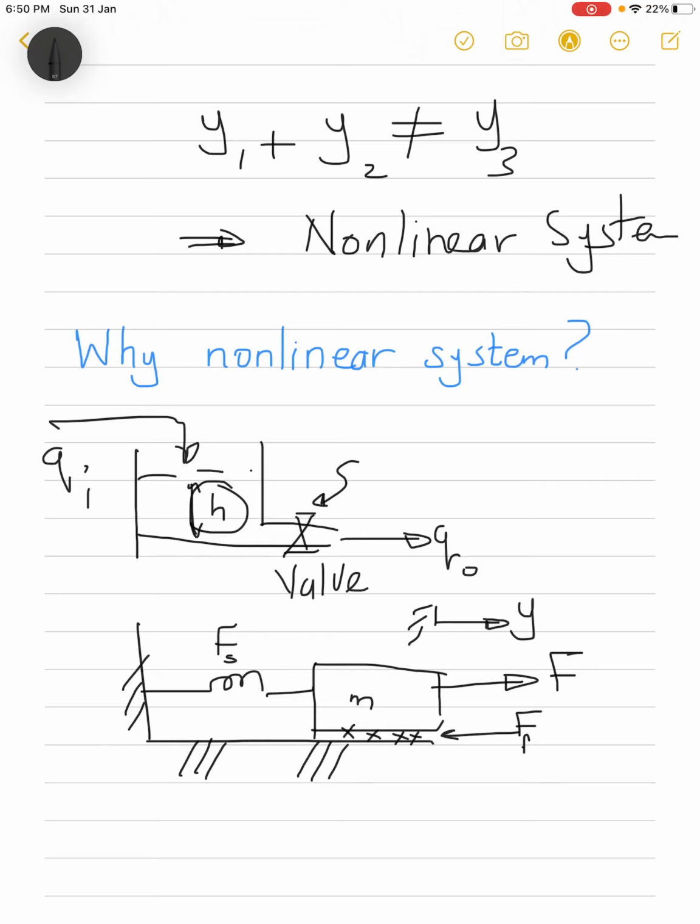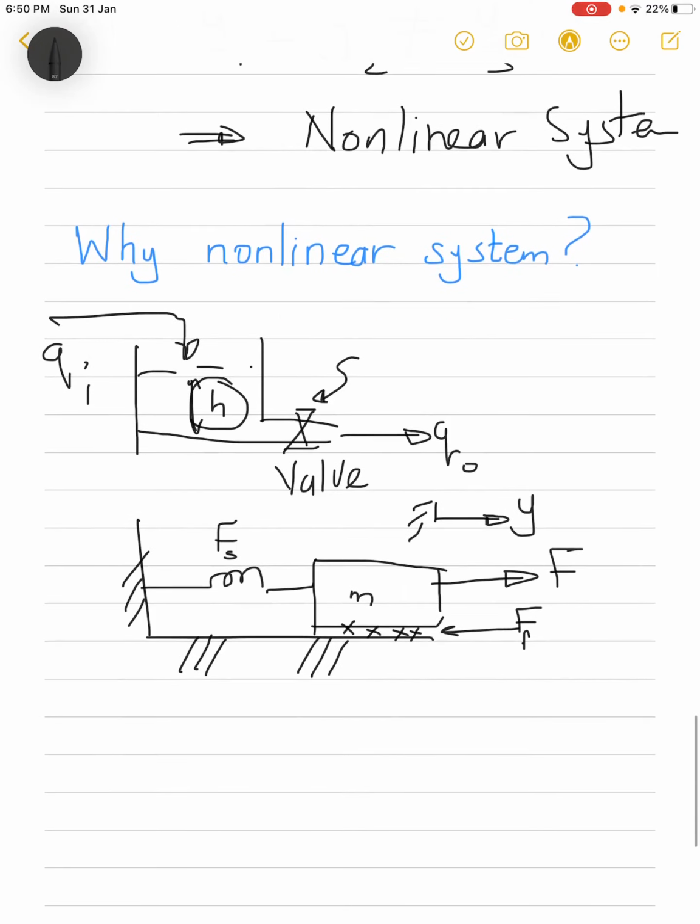So by using Newton's second law, we can write the dynamical equation of the system as m y double dot equals the sum of forces applied to this mass, and in this case we have the external force F acting in the direction of y, and the spring and the friction forces opposing that force. So we have F minus Fs minus friction.